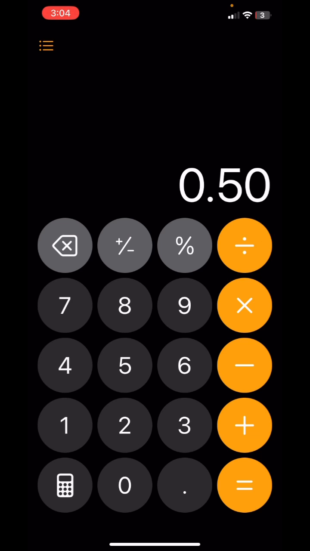Each dollar that the stock price moves, the option goes up $100. So for each dollar, that's $100 for the option. So $50 for one contract. But if we got 10 of them, $500. So remember our $500.